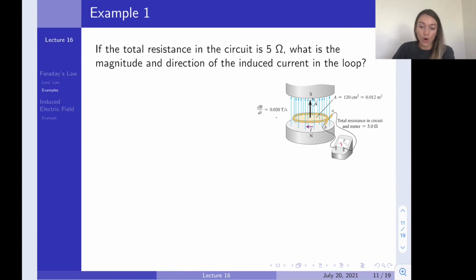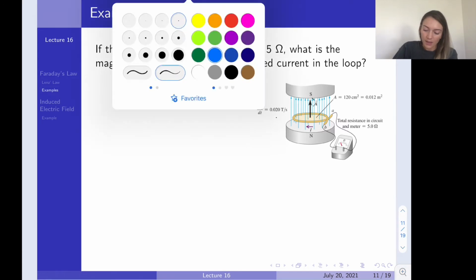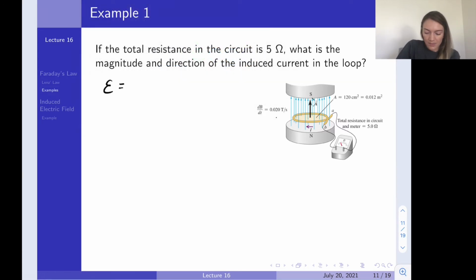So we're going to have to use Ohm's law. So remember back from Ohm's law, the EMF was equal to the current times the resistance. So now we have the EMF and we're given the resistance, so we can just find the current. To find the current, we just divide the EMF by the resistance.